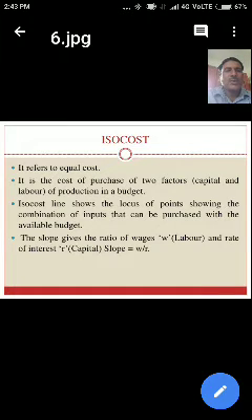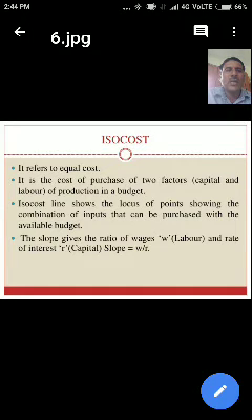The isocost line shows the various combinations of the factors labor and capital the firm can employ with the given outlay, assuming that the prices of the factors are given and remain constant.